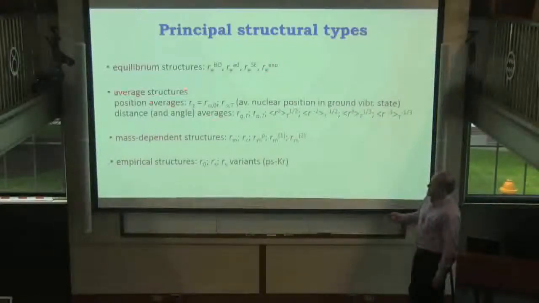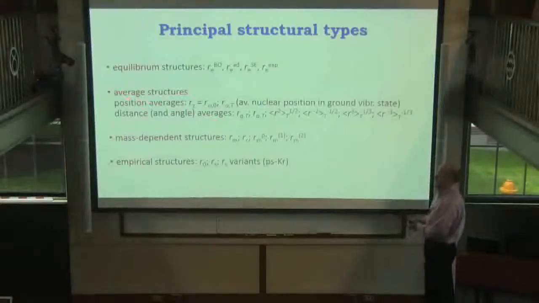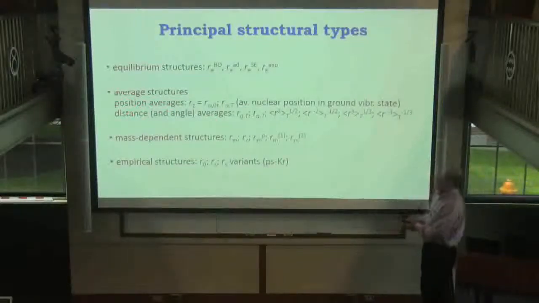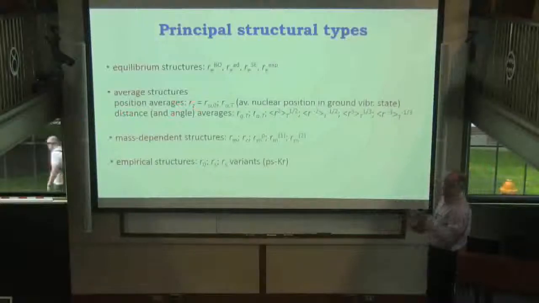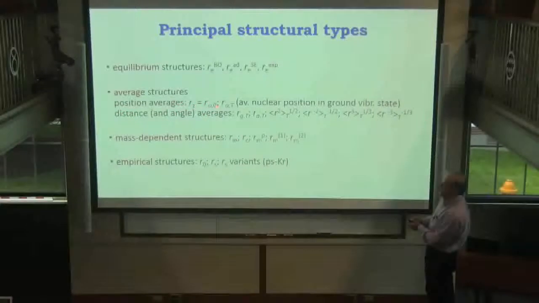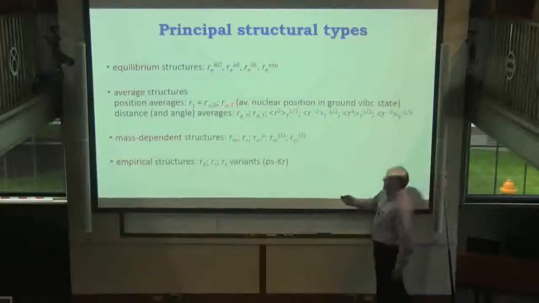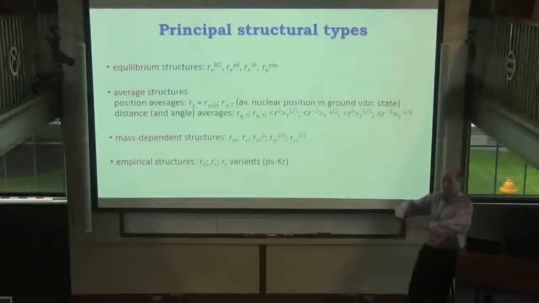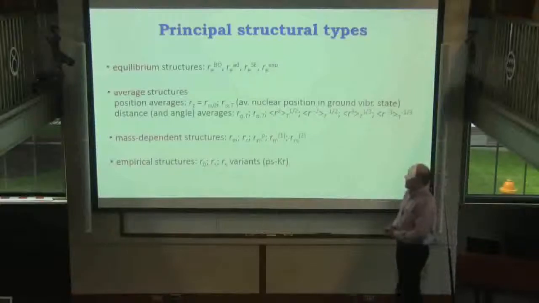Now, as far as average structures are concerned, which are coming out from experiments, there are many different averages you can make. There are position averages and distance or angle averages. So the position averages have different subscripts. The Z suffix is like an R_alpha structure at 0 temperature. You can go with the R_alpha structure, which is the average nuclear position, and have a temperature dependence if you are not only considering it at the ground vibrational state, but you try to involve all the other excited vibrational states.